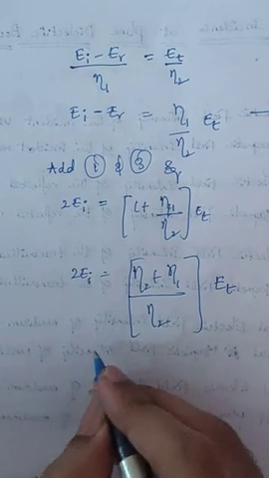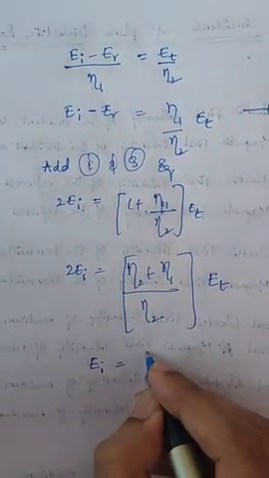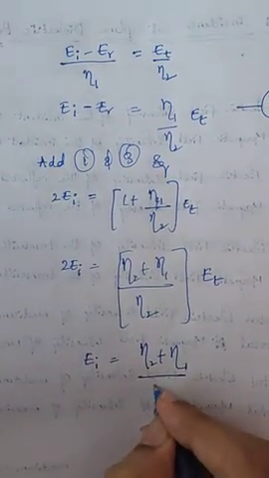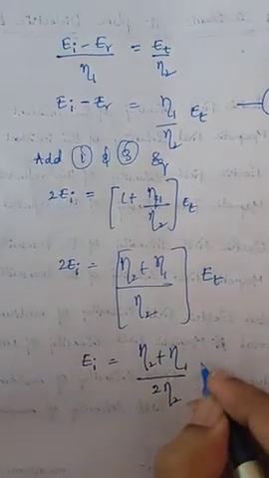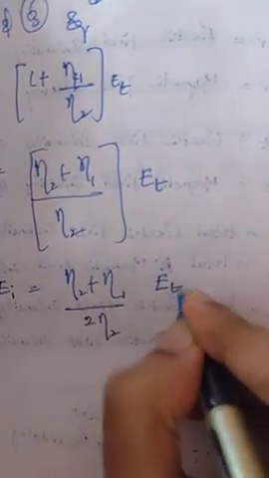Okay, so now EI is equal to (eta 2 plus eta 1) by 2 eta 2 times ET.